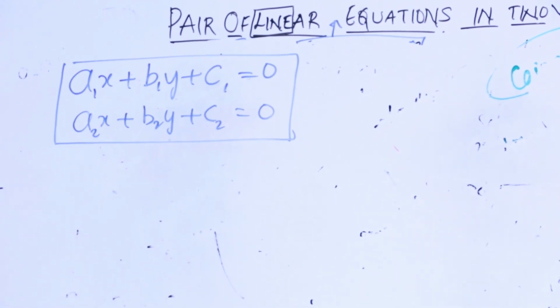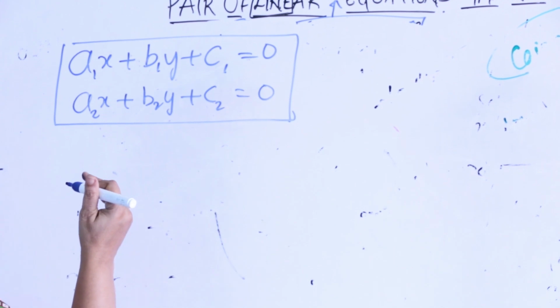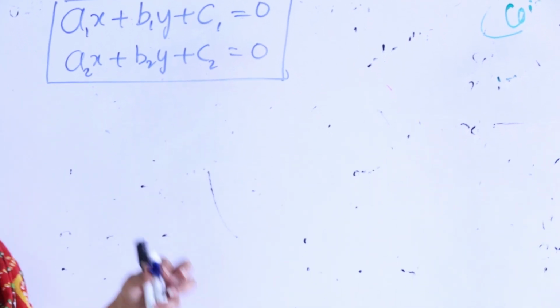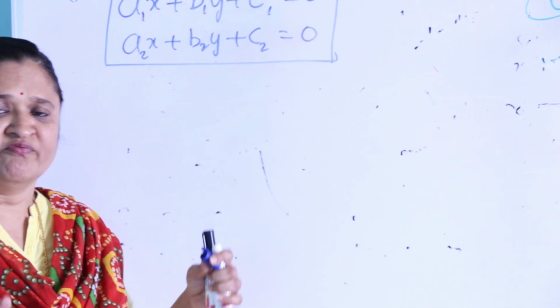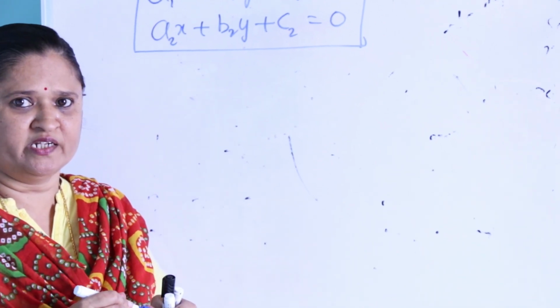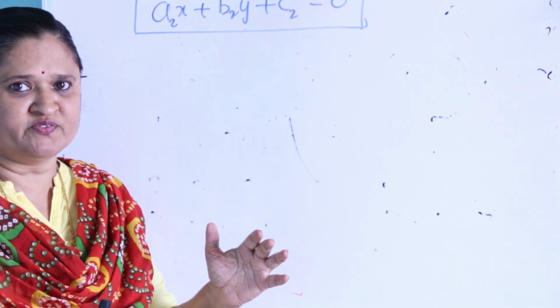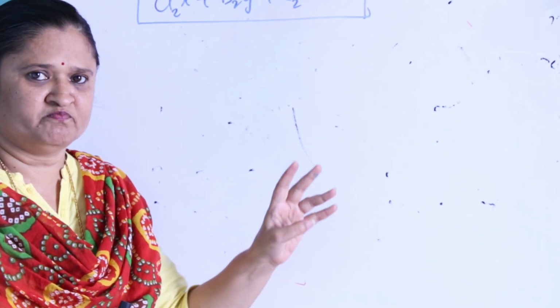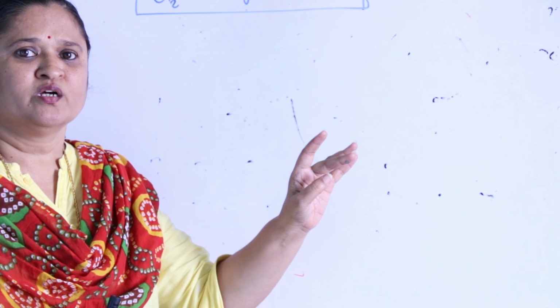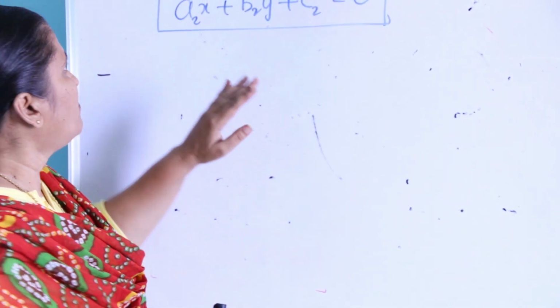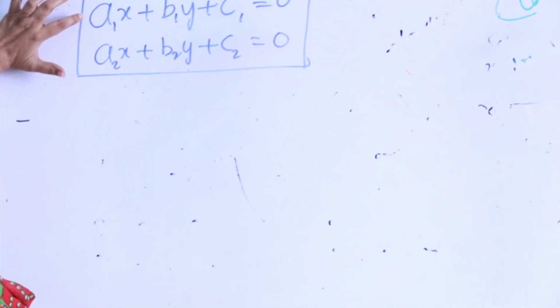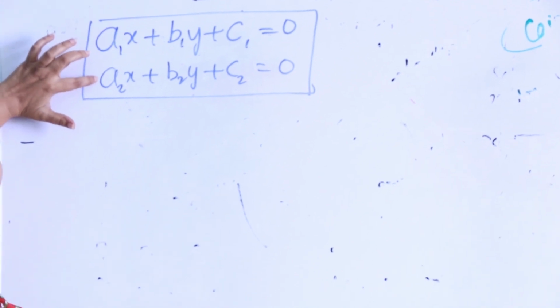Now, let us try to understand how to identify whether the given pair, when plotted on the Cartesian plane, gives us intersecting, parallel or coincident lines, just by comparing the ratios of the coefficients.